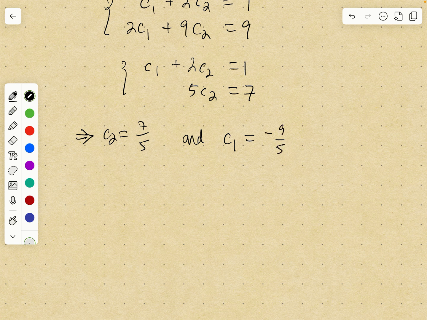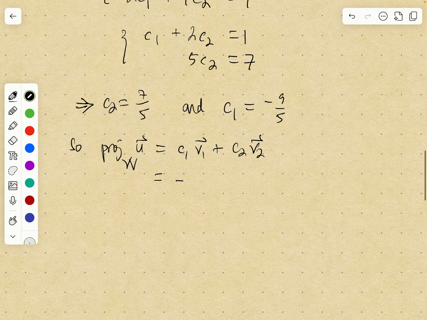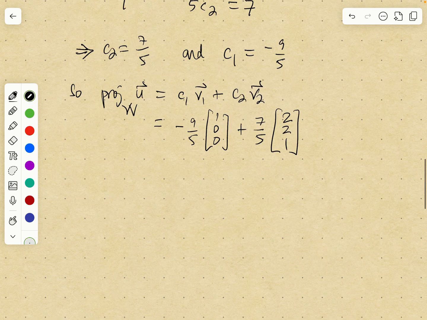And so therefore, the projection of u onto w, well, that's c1 v1 plus c2 v2, and that's going to be negative 9/5 times v1, that's 100, plus c2, that's 7/5 times 221, and now we just need to do the arithmetic.